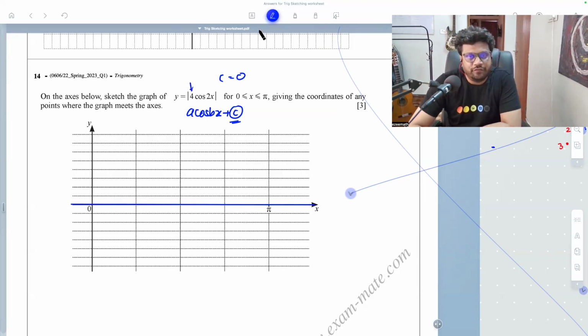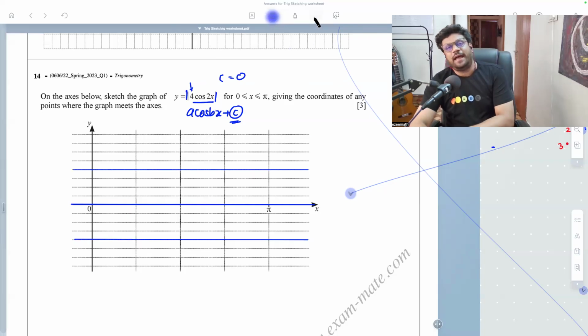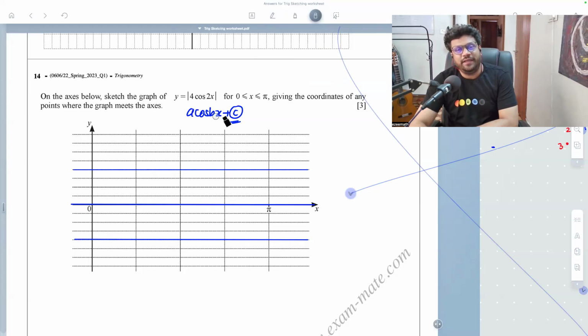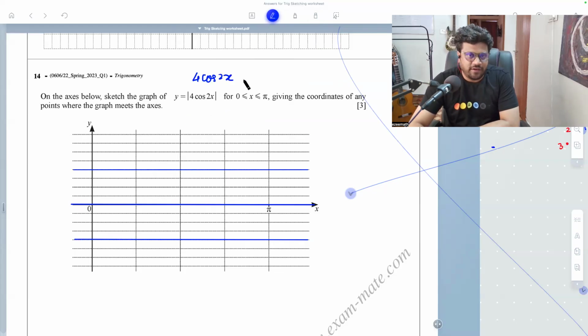Amplitude is 4. So I'd go as high as 4. 1, 2, 3, 4. There. And I'll go as low as minus 4. 1, 2, 3, minus 4. There it is. You'd see that I'm not paying attention to the mod of 4 cos of 2x here. I'm only considering it to be a pure 4 cos of 2x as of now.